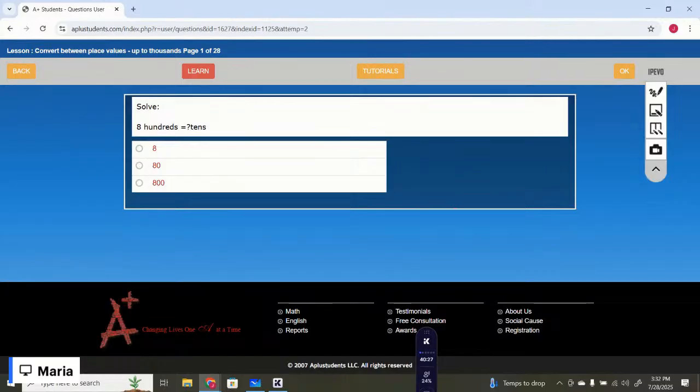Eight hundreds equal how many tens? So in 100 we have 10 tens, right? So 800 is equal to 80 tens.